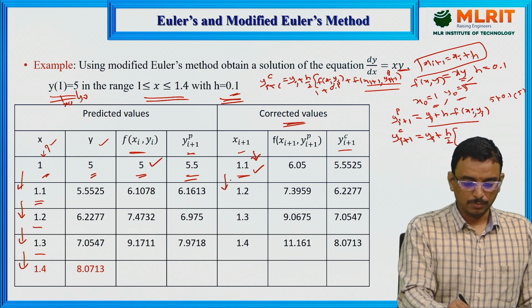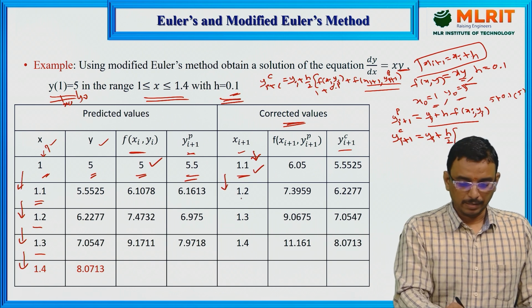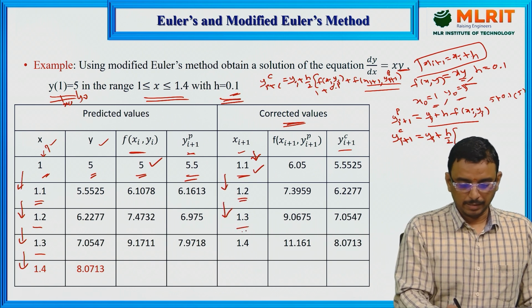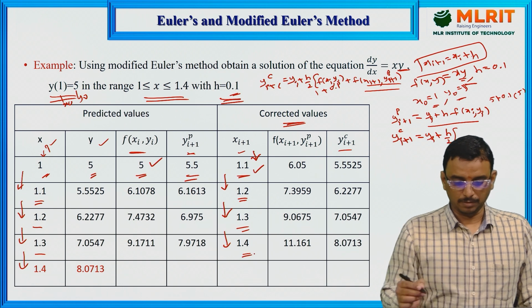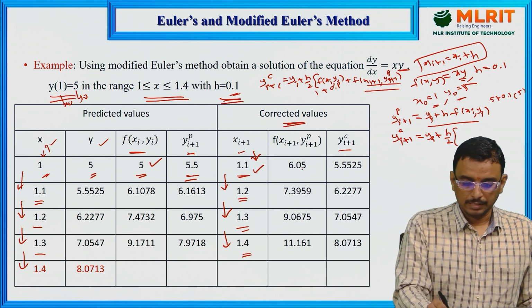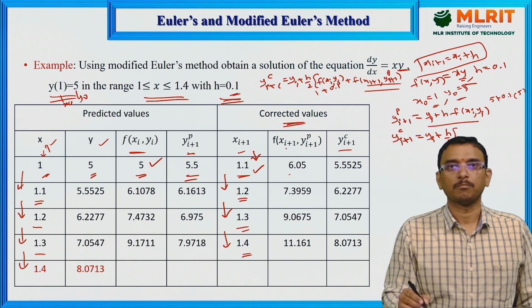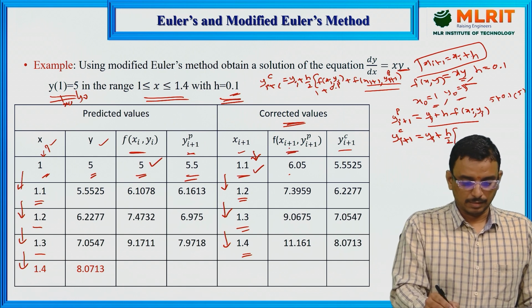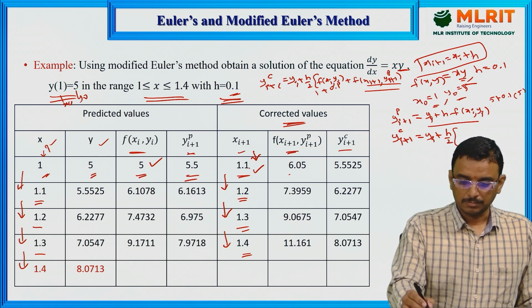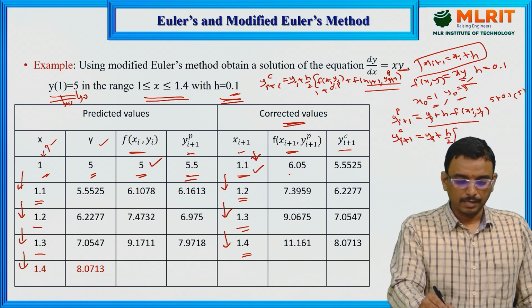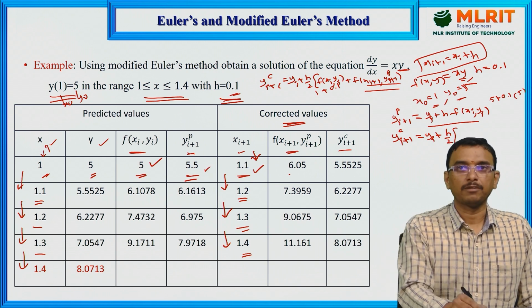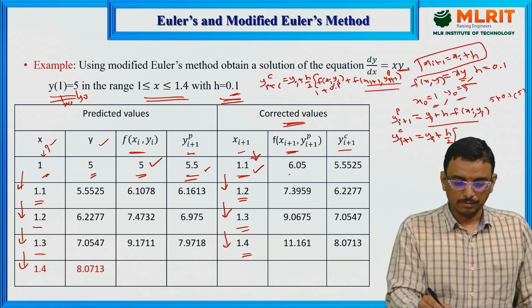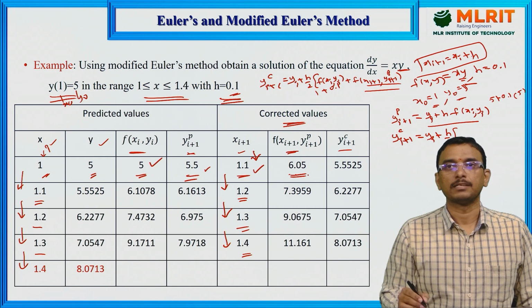Now we can improve this value to 1.2, and the next improvement 1.3 and 1.4. Now we substitute in f of x i plus 1 comma y i plus 1 of p. What is x i plus 1? It is 1.1, and y i plus 1 is 5.5. Substituting in the given function and multiplying these two values, we get 6.05.